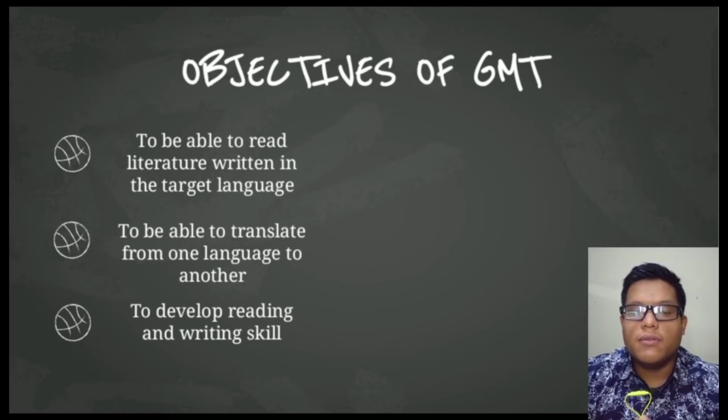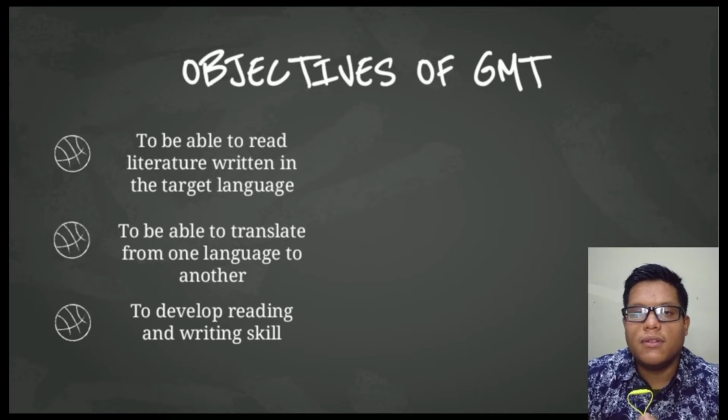For example, we want to learn about English language. We are Indonesian people who don't use English language as our second language for daily. So after learning about this method, we hope we can be able to read literature in English language and we are able to understand it.